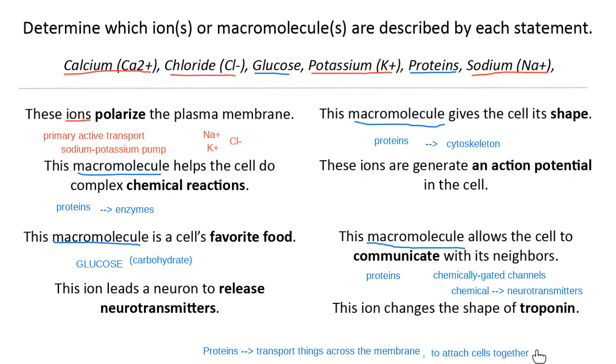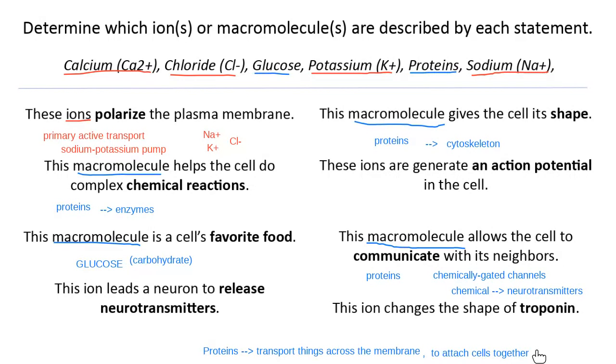Big picture idea when you're thinking about the macromolecules, almost everything that a cell does, its big picture functions, is probably done by proteins. Proteins are very versatile. We have a whole lot of them. They do a lot of different things for us.